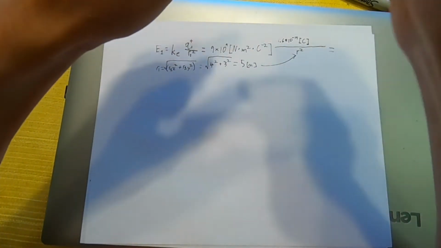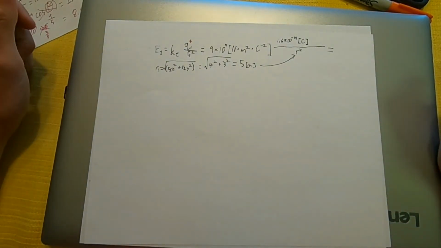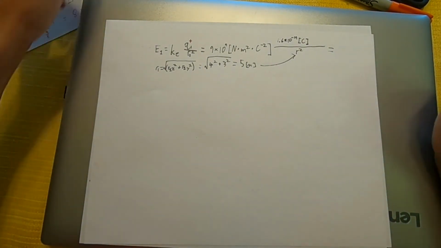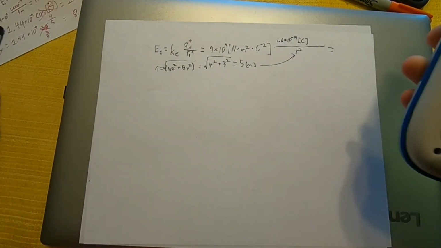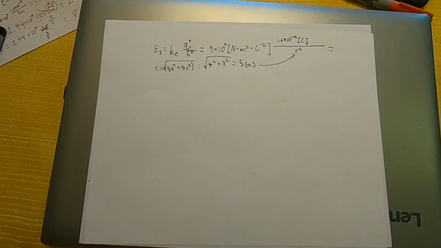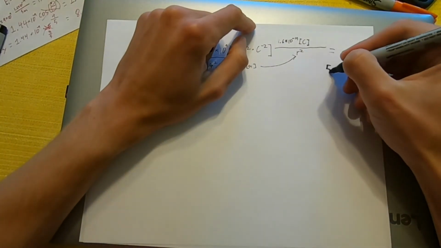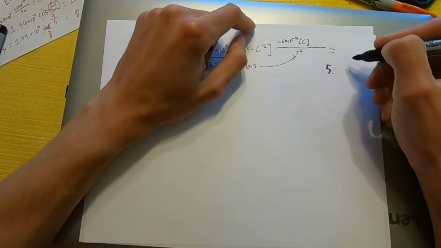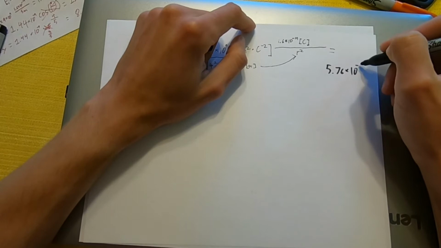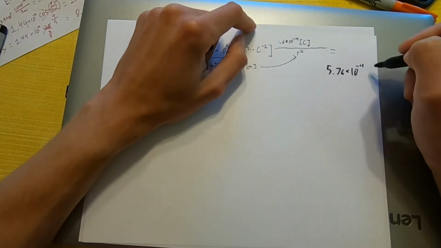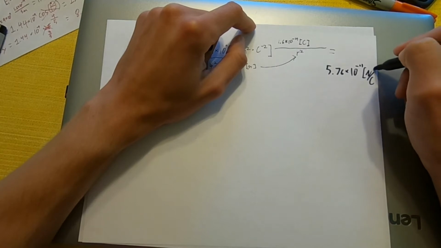And we get that E1, our electric field as a result of our proton right here, is equal to 5.76 times 10 to the -11th newtons per coulomb.